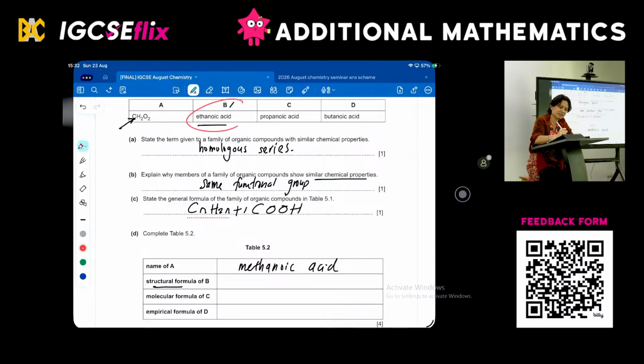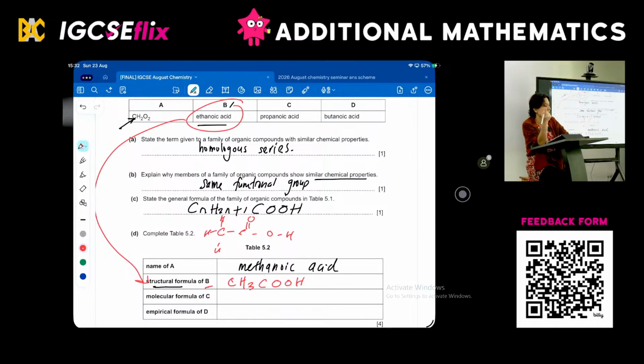Okay, B. This one is asking you B. Structural formula of B. B is ethanoic acid. So ethanoic acid is CH3COOH, right? So you're supposed to write it exactly how it looks like. CH3COOH. If it was propanoic acid, then it will be CH3CH2COOH. Can you understand? Okay.